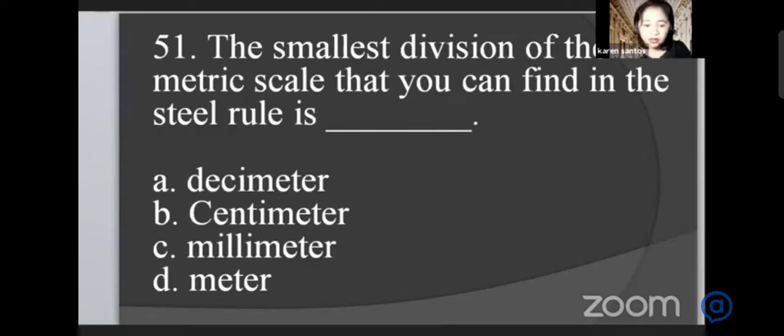Decimeter is larger than milliliter, centimeter is next to the smallest unit, and meter is more than 3 feet. So again, the smallest division is the milliliter. Ang sunod-sunod niya is the milliliter, centimeter, meter, and kilometer.